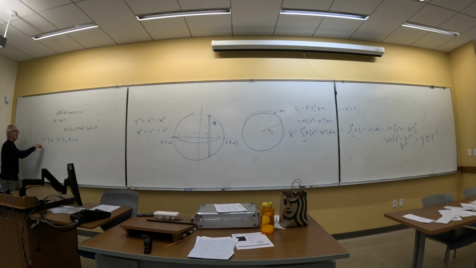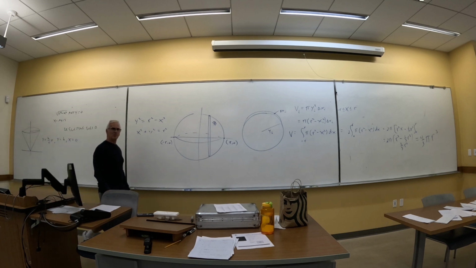All right, I'm going to take the region bounded by this triangle right here. That line segment, that horizontal line, that vertical line, and I'm going to rotate this about the y-axis. What shape am I going to get?